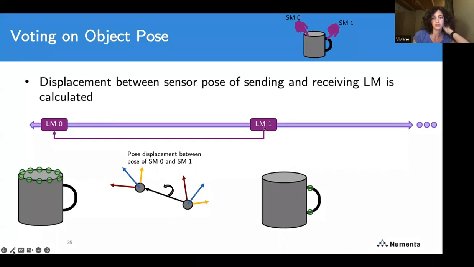So let's say learning module 1 is sending votes to learning module 0. I calculate the displacement, so location and rotation, between how my sensor, like this hand on the handle, is rotated to the hand on the top of the mug.